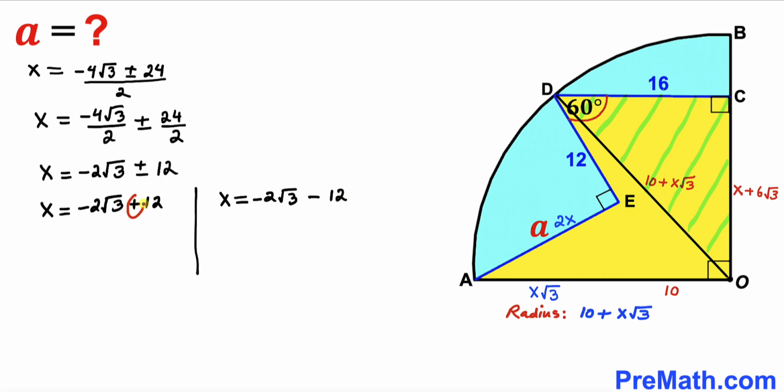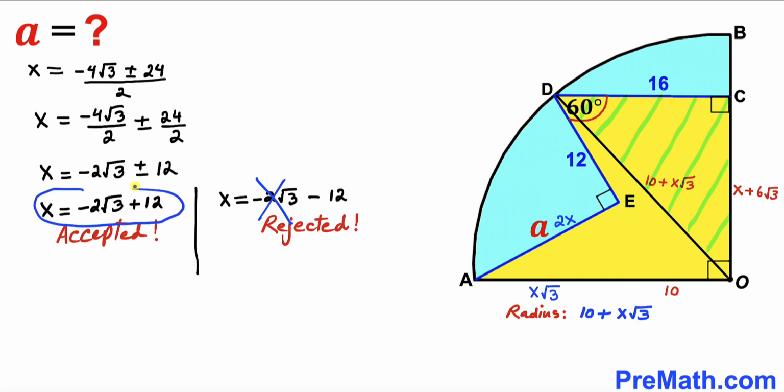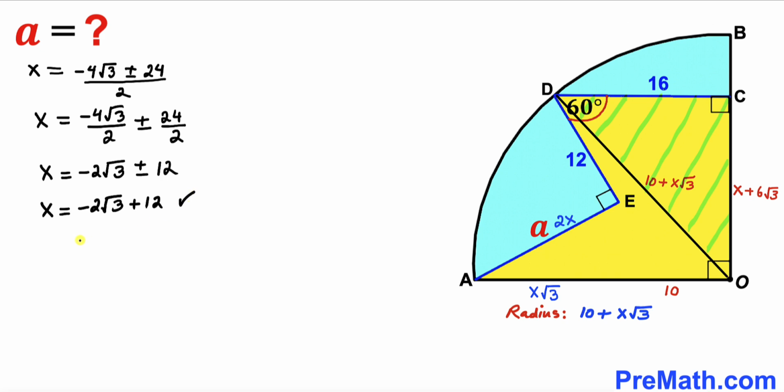Here I use a positive sign and here I use a minus sign. And here we can see that x is going to give us a negative value, and since x represents the side length, it cannot be negative. So therefore we are going to reject this negative value and we are going to accept this one. And this could be rearranged.